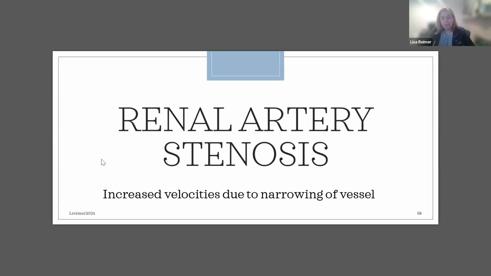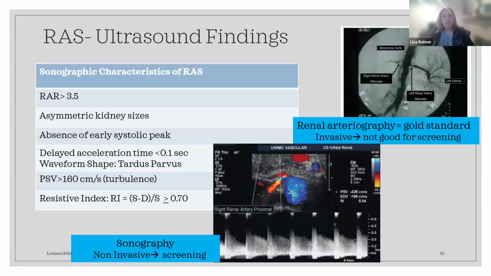So what does it look like when it's not right? It looks like a high velocity, abnormal ratio. So turbulent flow that is aliasing. When you put color on, you're getting that constant aliasing appearance. You have to bring your scale up to accommodate how fast the blood is moving through that stenotic area.